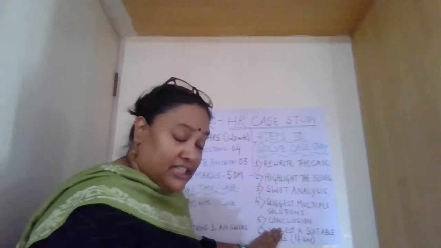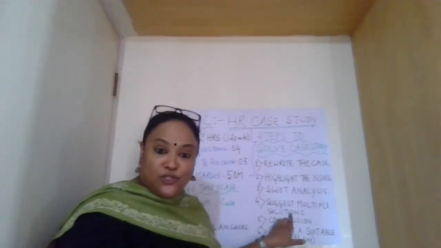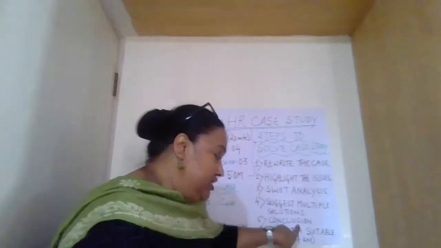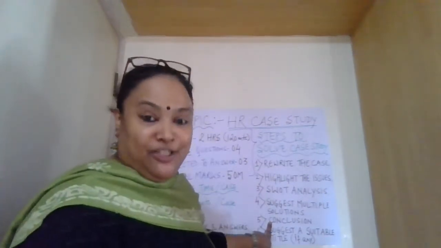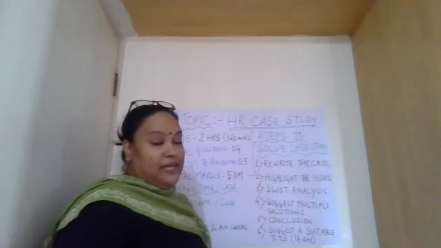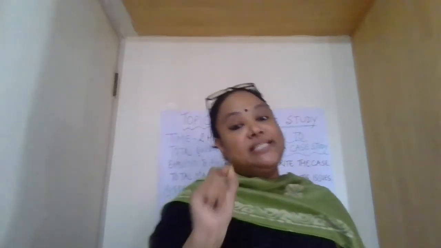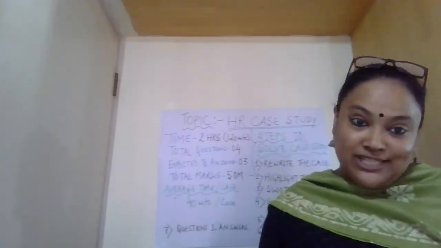So under conclusion, you have to choose the best possible solution from step number 4 and give an explanation in step number 5 why you picked up that solution, which means you have to conclude by choosing the best solution as well as justify why you chose it.